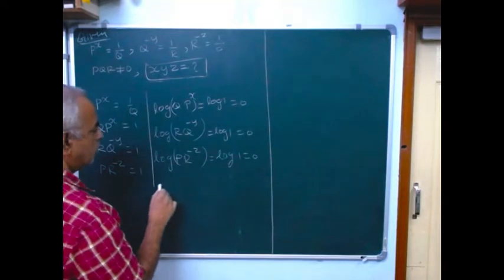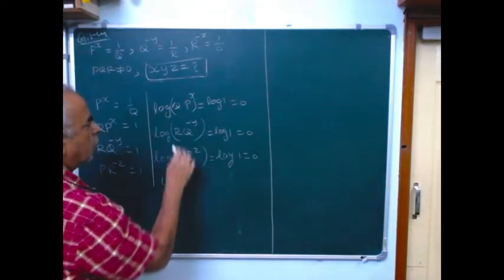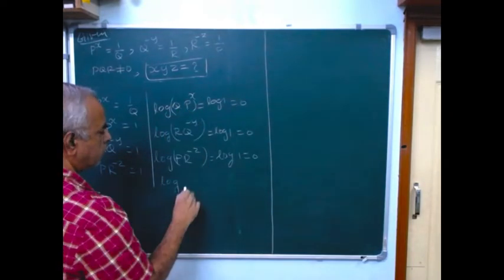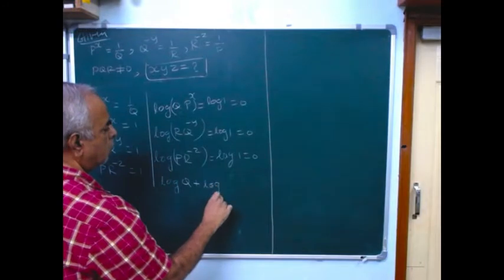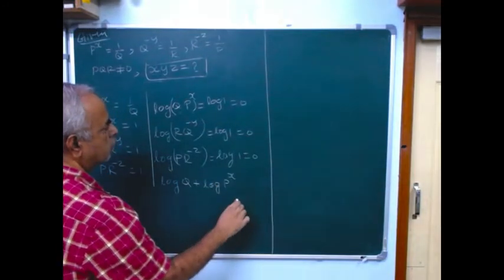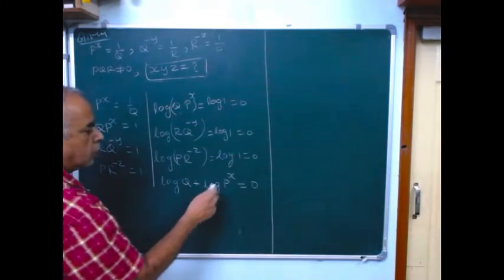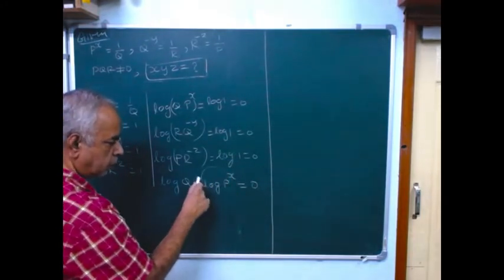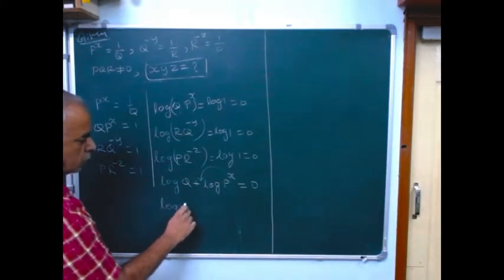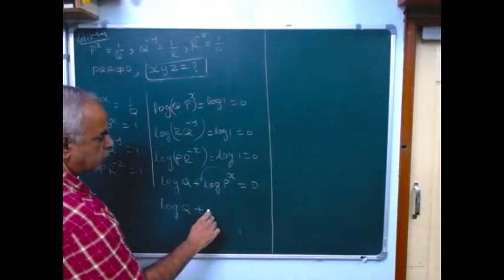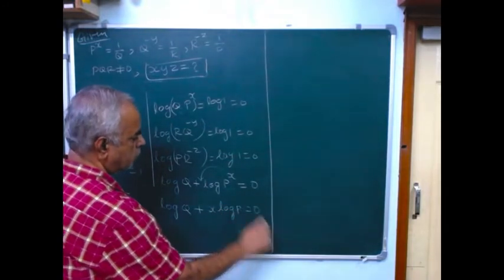Okay, now we can add these equations. For instance, log, and this is the product rule, we can apply the product rule. So log q plus log p power x is equal to 0, right? And now immediately we can apply the power rule. Therefore, log q plus x into log p is equal to 0.